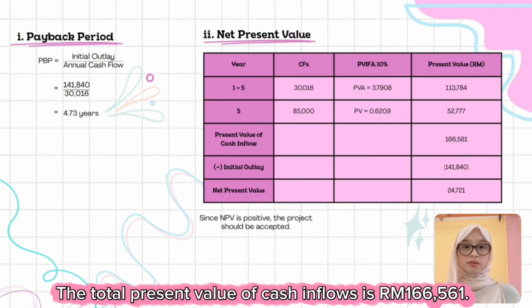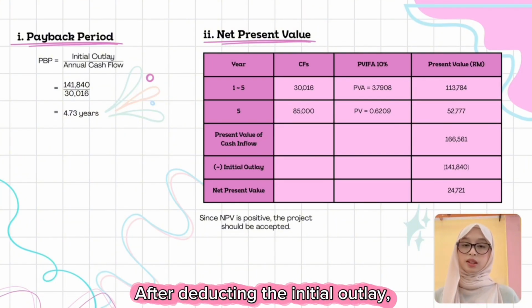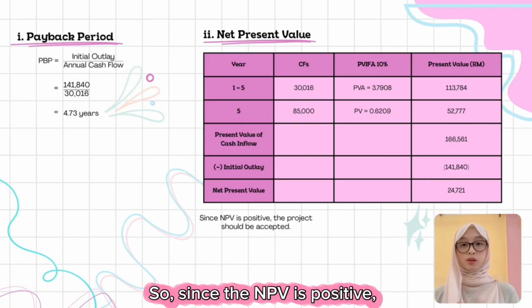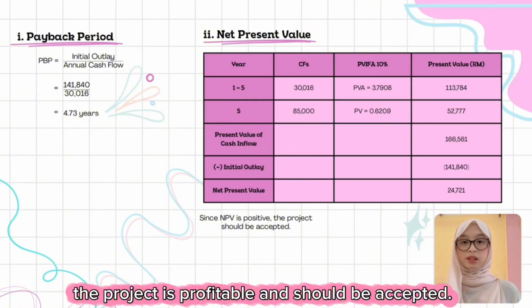The total present value of cash inflows is 166,561 ringgit. After deducting the initial outlay, the NPV is 24,721 ringgit. So, since the NPV is positive, the project is profitable and should be accepted.